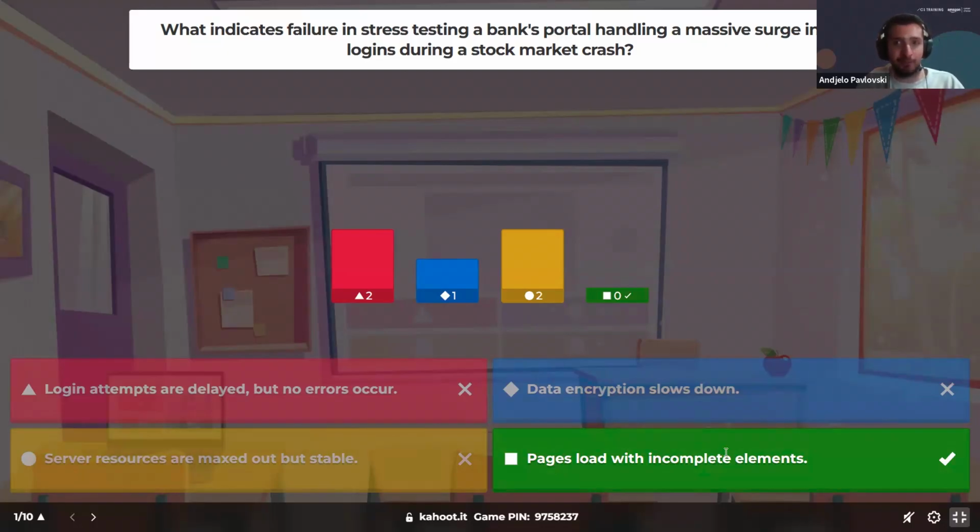So we see an error, we see that no elements are displaying which are supposed to be displaying, so this indicates some kind of failure. In these other two answers, we see there are no errors and the page is stable. So everything is okay, even though there are more attempts and the resources are maxed out. So the answer would be pages load with incomplete elements, because again, there is an issue here.